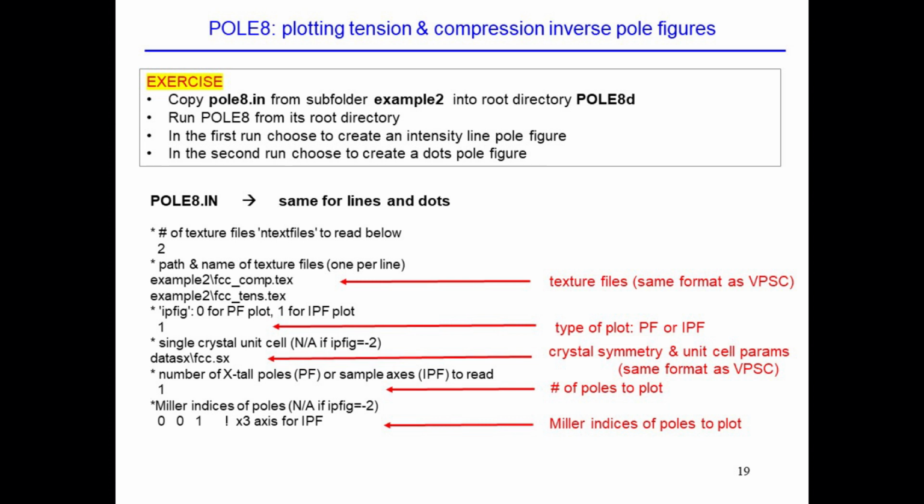And you choose one here for the inverse pole figure. And now here, instead of Miller indices, you have to put the direction of the axis that you want to plot. Usually you plot either the axis 1, the axis 2, or the axis 3. So you usually plot 100, 010, or 001. So you are plotting the axis 3, which is the tensile axis in this particular case.